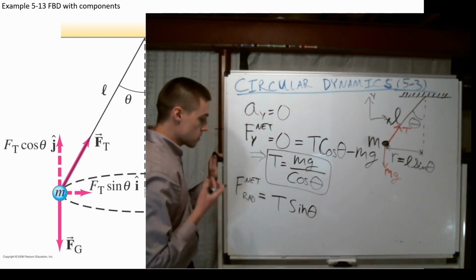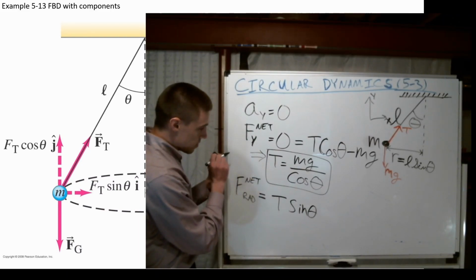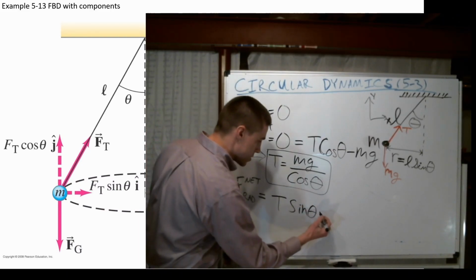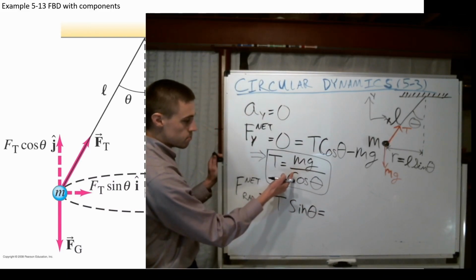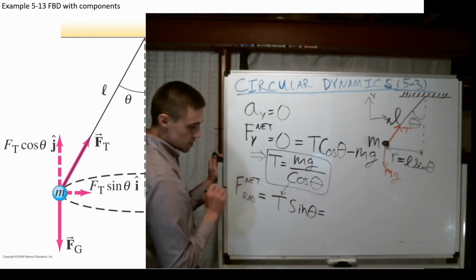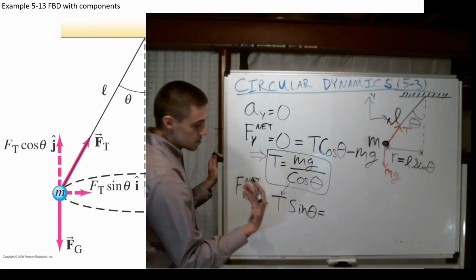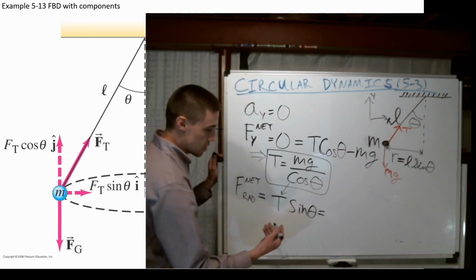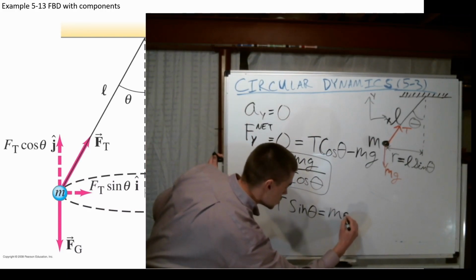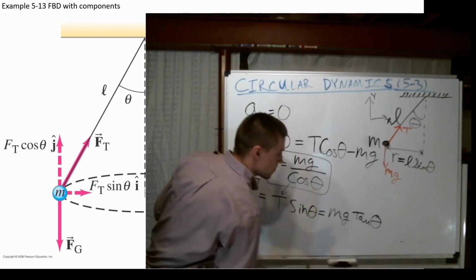theta. Now I already got the tension from my forces in the y direction, so I can just substitute that in. It's mg over cosine. So when I plug this mg over cosine into the tension there, I will have a sine over a cosine, so that just gives me a tangent theta. mg times tangent theta.